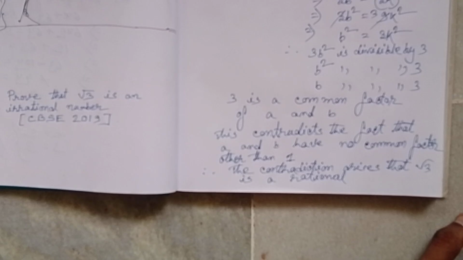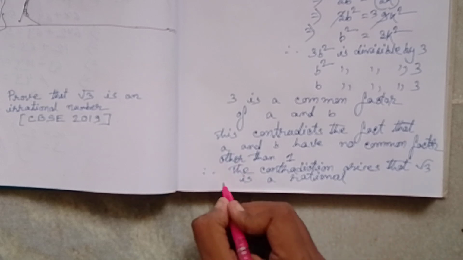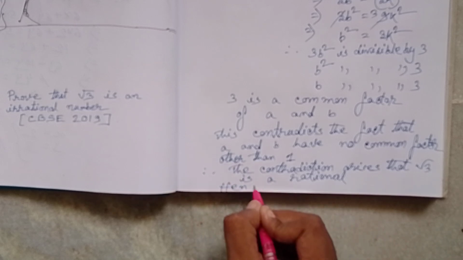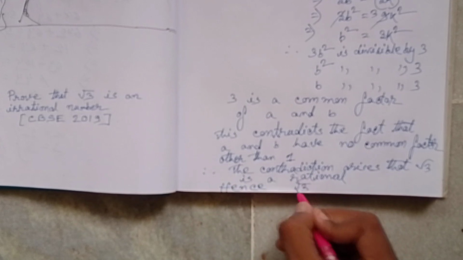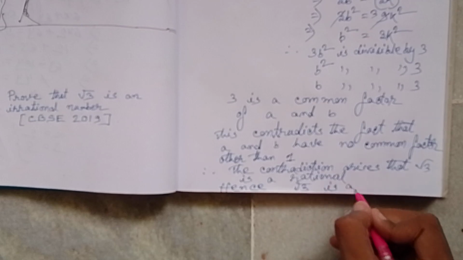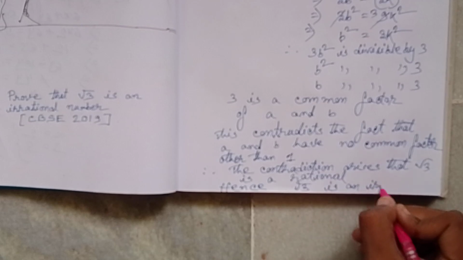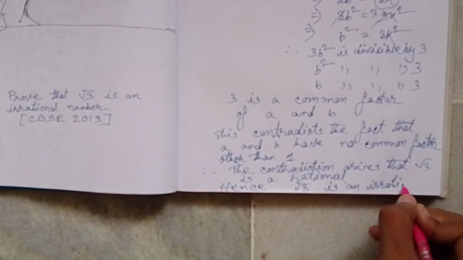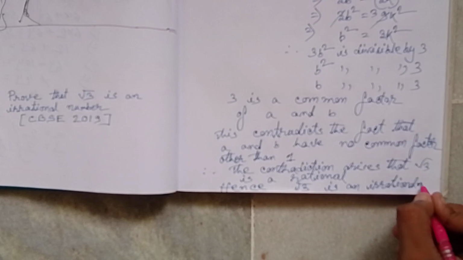So this is contradictory to our assumption that root 3 is a rational number. Hence, we can say root 3 is an irrational number.